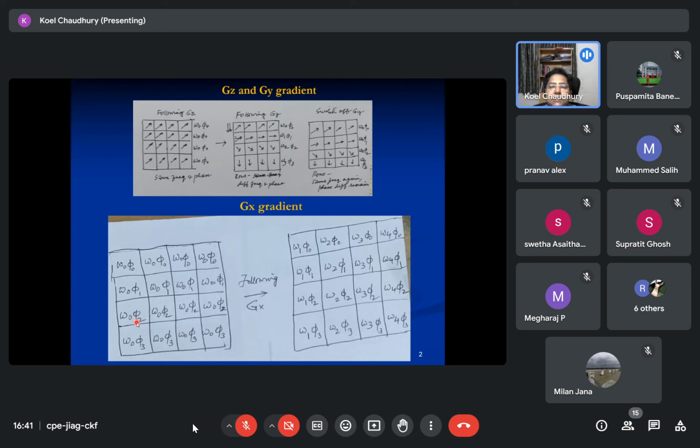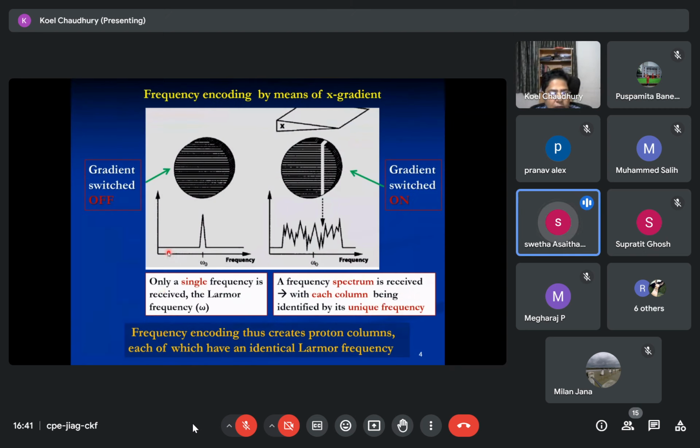Post GY, frequency remains constant, and that is omega naught. So you will get only a single frequency, which is omega naught.